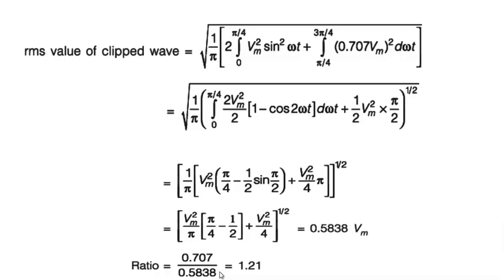Vm and Vm cancel each other out. So the final value we get is 1.21. The required answer is 1.21, which we need to fill in the blank. So this is the required answer.